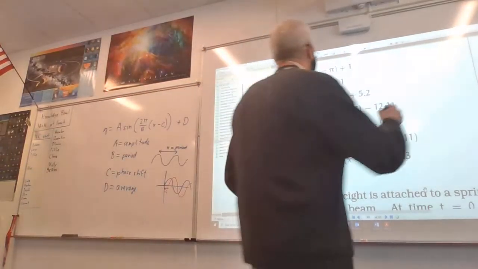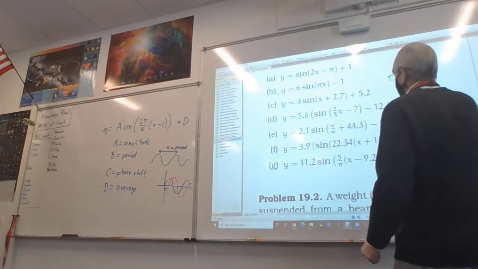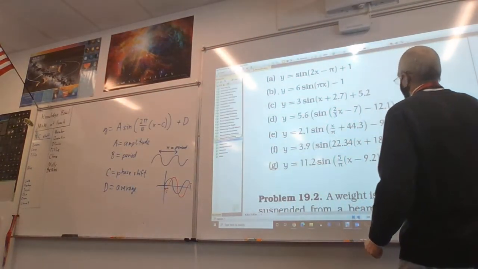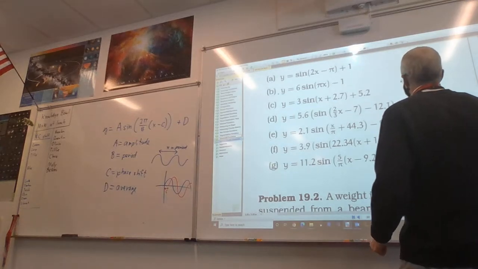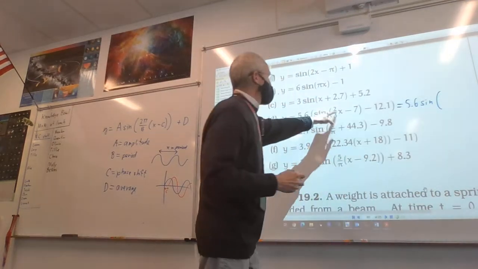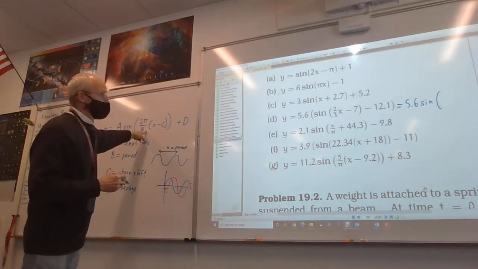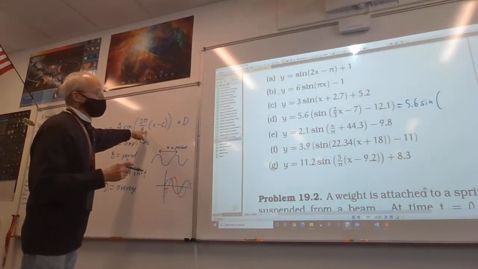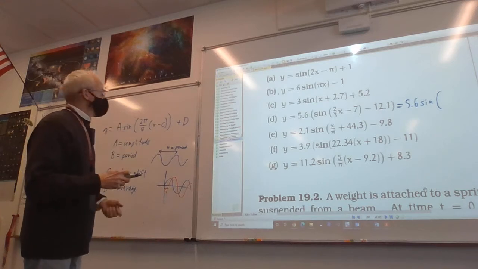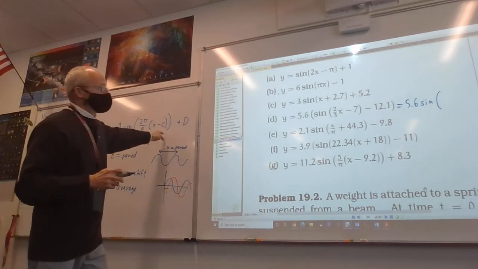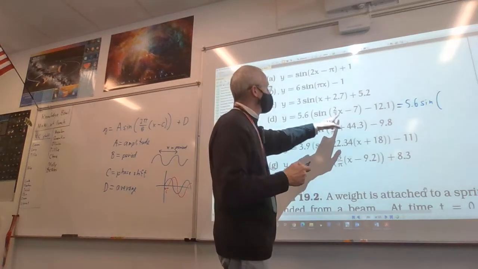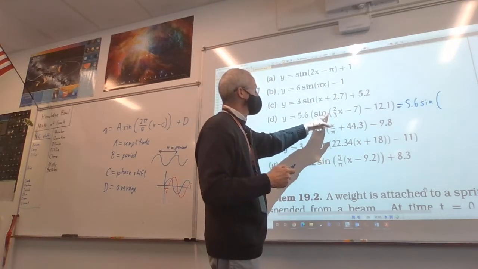So for D, it's 5.6 times the sine of, okay, we have 2/3 x. That does not look like 2 pi over b. And we want it to be x minus c, so we need to take out that 2/3.